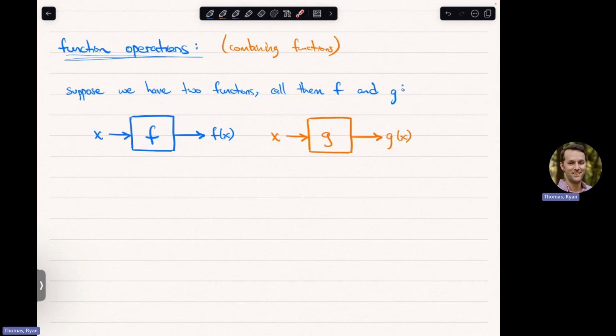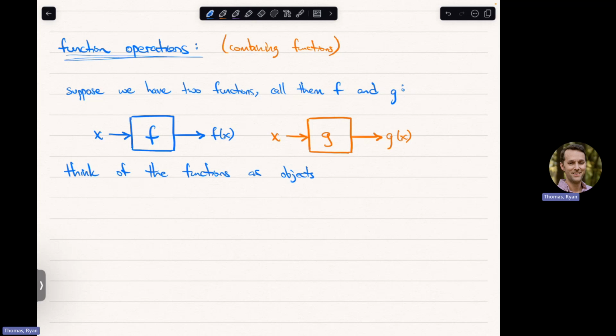Okay, so what we need to be able to do is think of these functions as objects. So rather than just simply thinking of it as a formula that I plug into, think about each function as something that I could pick up and hold in my hand, right?